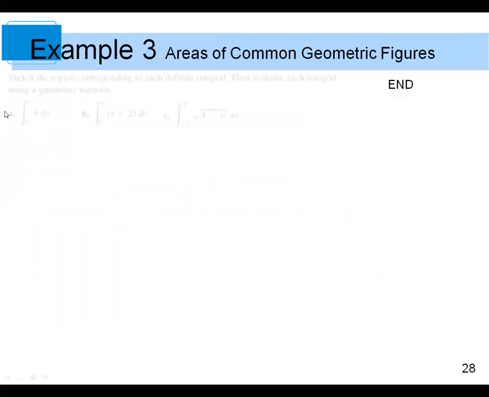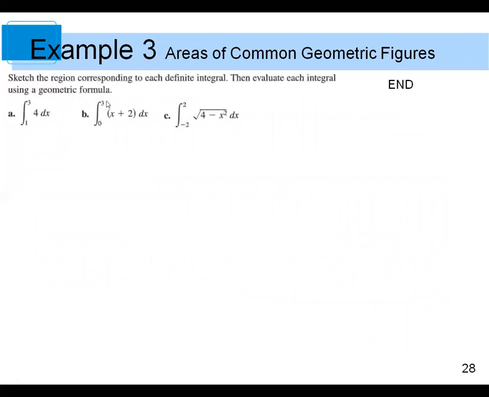Okay, so sketch the region corresponding to each definite integral, then evaluate each integral using a geometric formula. So this is the integral from 1 to 3 of 4. That would be the area under the graph of y equals 4, bounded by the vertical lines x equals 1 and x equals 3.